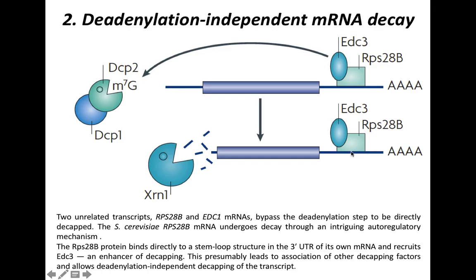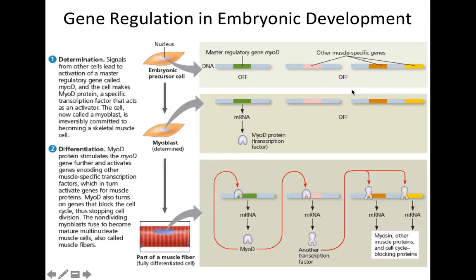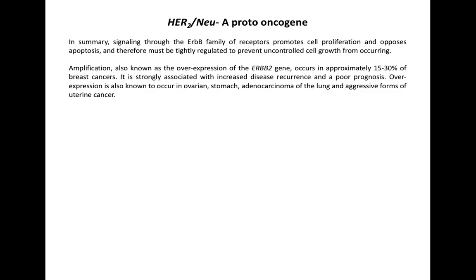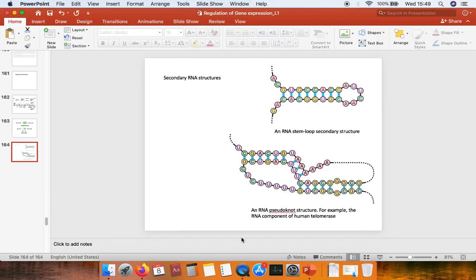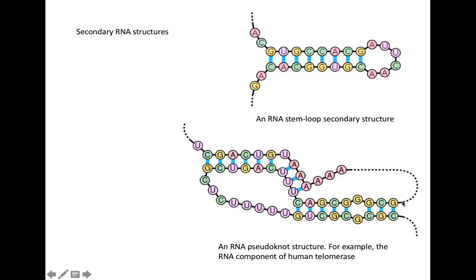Basically, in this 3' UTR, they have a stem loop structure. So if we can go to another slide, let's see, yeah. A stem loop structure is basically a secondary structure of the mRNA molecule, where the mRNA molecule can bind with its own nucleotides and create a loop-like structure.